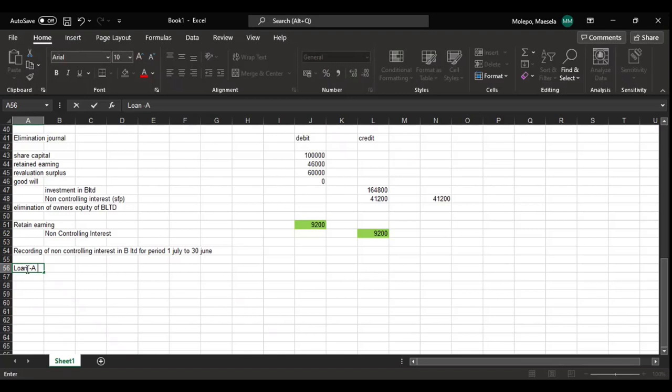Excuse me, sir. Do we always have to put narrations? It depends. If they tell you that narrations are required, then you have to put them. If they say they don't want them, then it's fine. Don't put them. But in most cases, narrations are good to put because they show your understanding of why you are doing that journal.